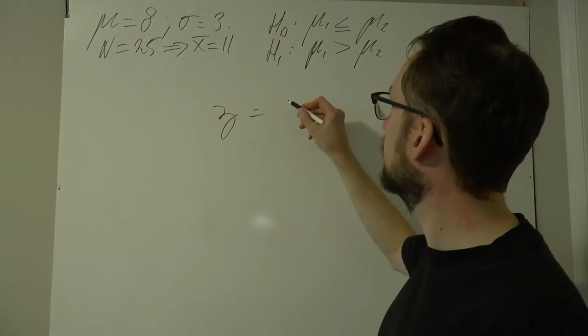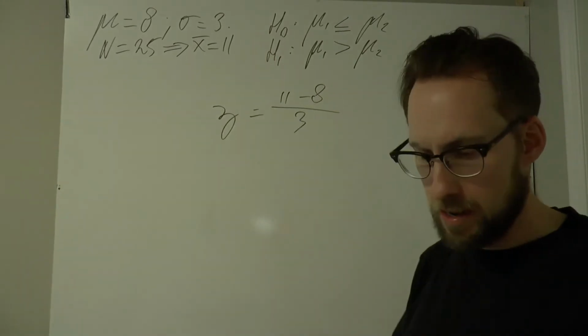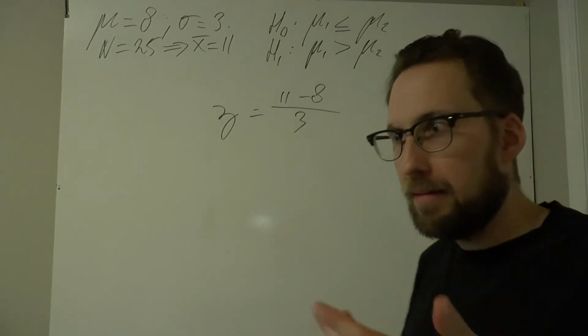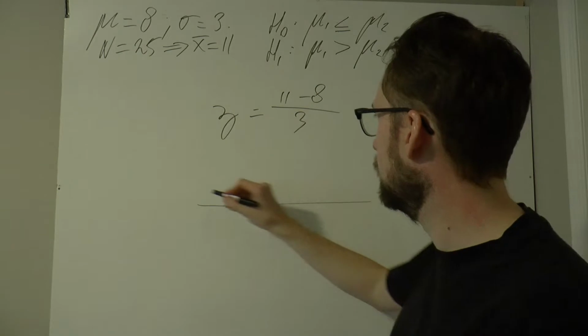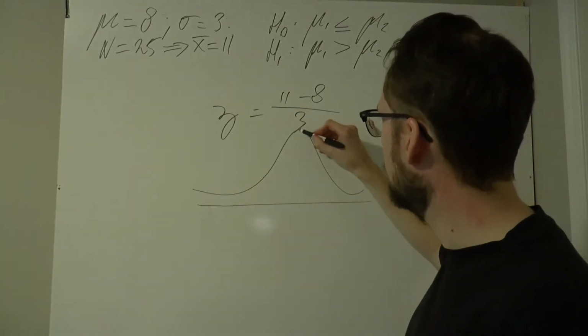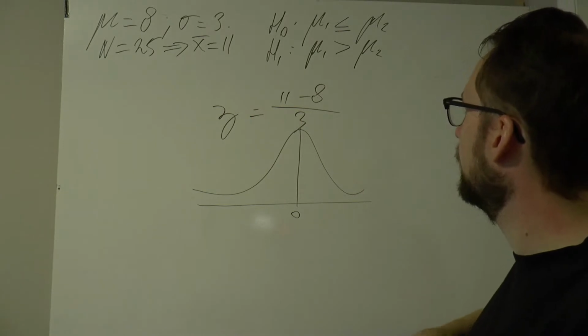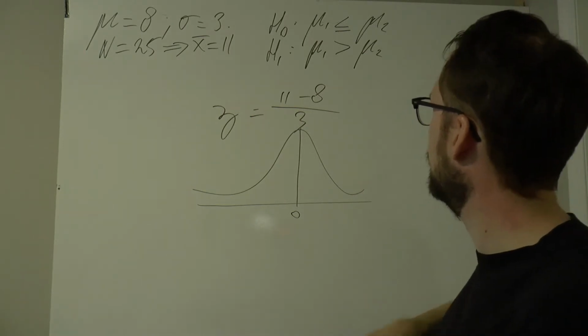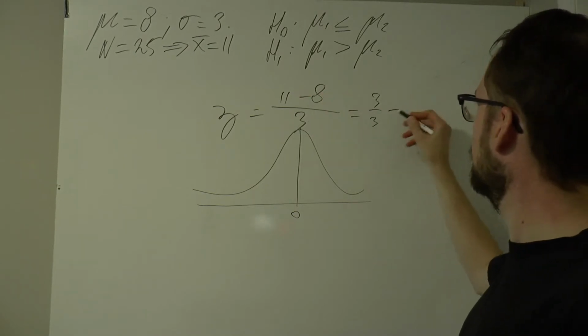Z equals 11 minus mu divided by 3. And then I can look at a standard normal distribution, mean of 0. 11 minus 8, that's 3. 3 over 3 is 1.